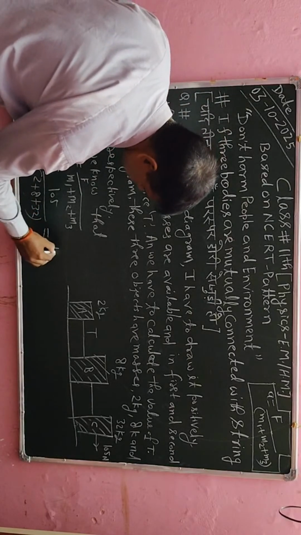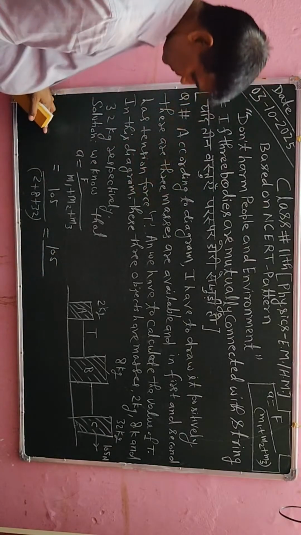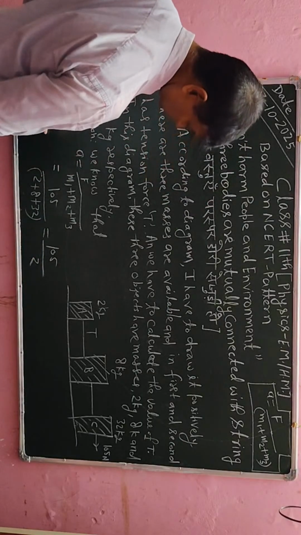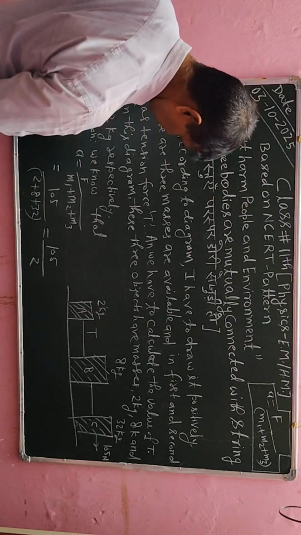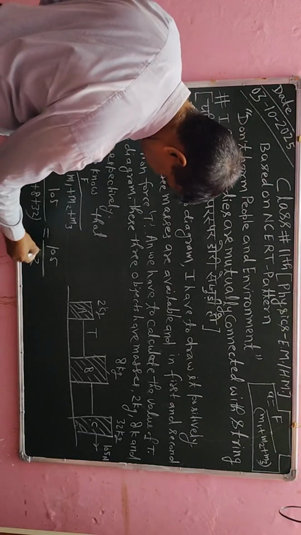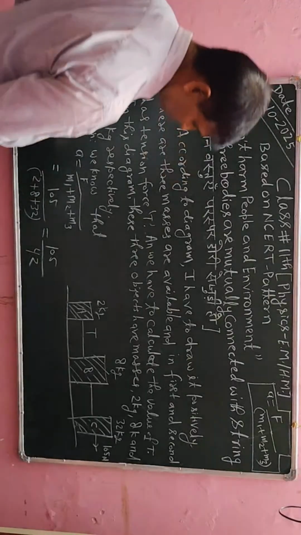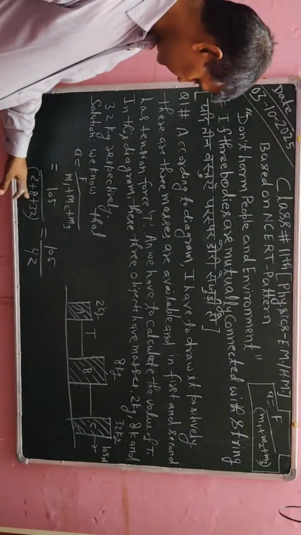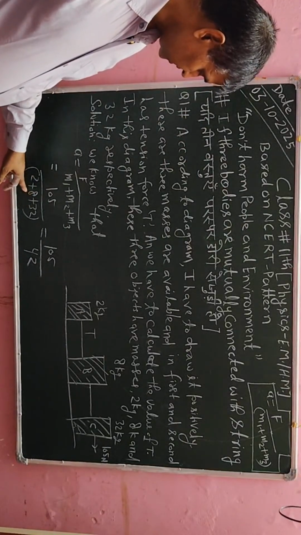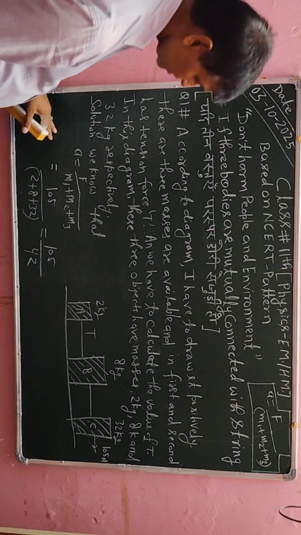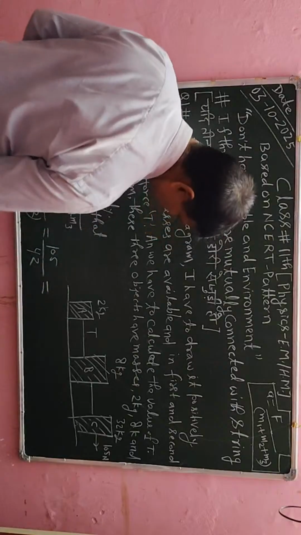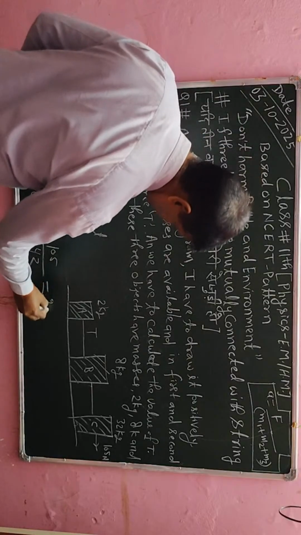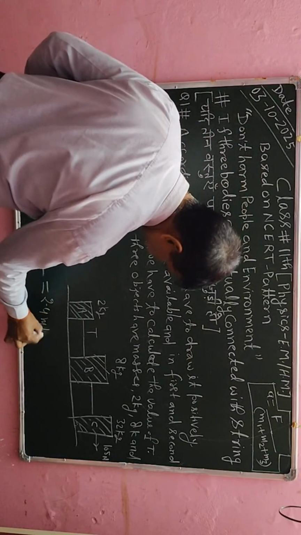After simplifying, 32 plus 8 is 40, plus 2 is 42. So 105 divided by 42, and after simplification I will find its value: 2.5 meter per second square.